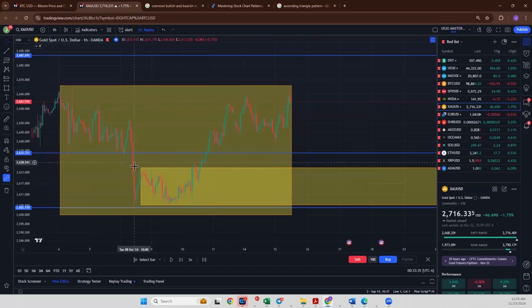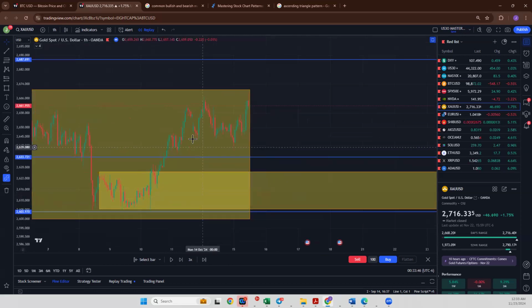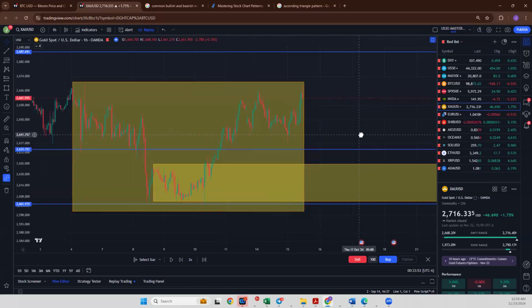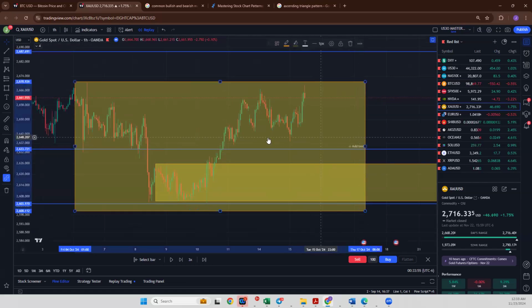We finally come back down, we break below that level, and we form another support. More consolidation. This is the head area. We broke above that level, we retested, came back up, retested again in the area. So it's not a perfect inverse head and shoulders.